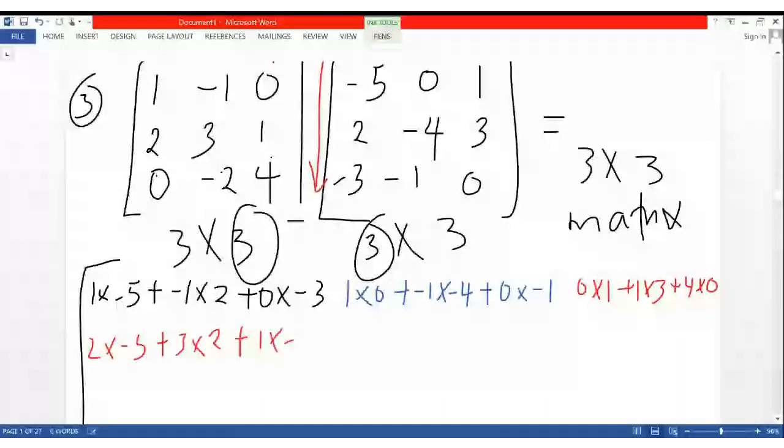The other one is now 2 times 0 plus 3 times negative 4 plus 1 times negative 1.